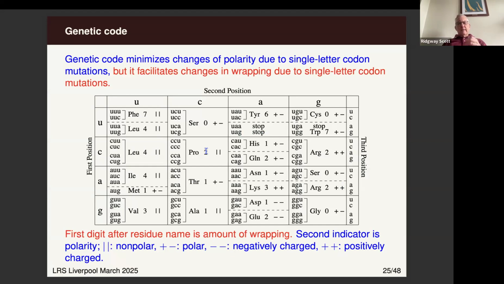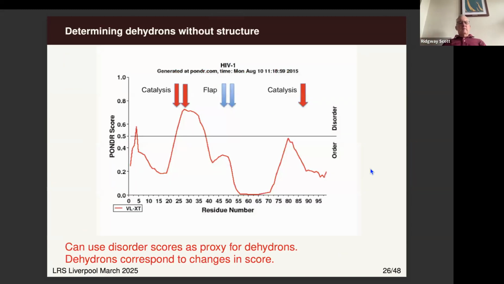And so it seems, or it can be argued, that the code is set up to make it likely that when you make a single point mutation, you won't change the wrapping behavior by much. Okay, so there's a lot more detail here that I could go into, but this is a very useful way to think about things. Okay, so fine.